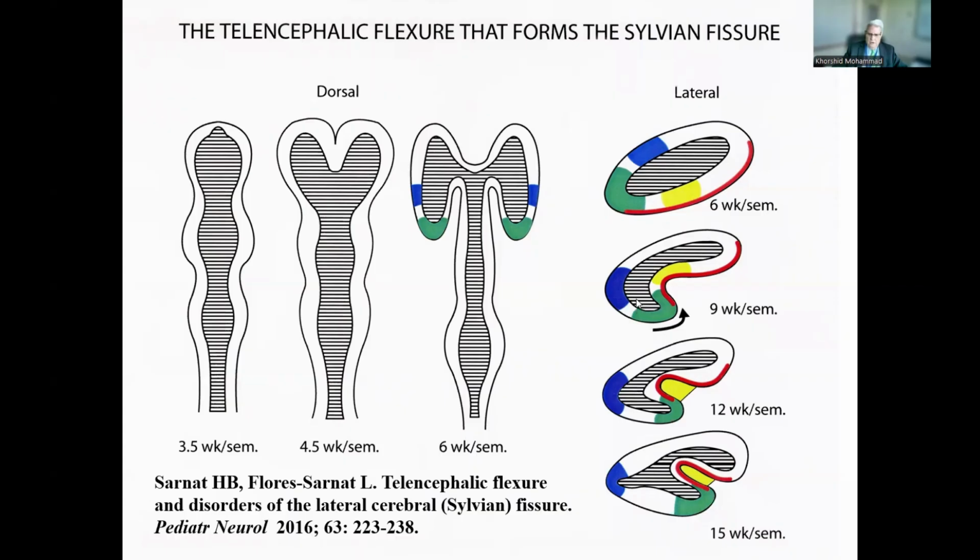The temporal horn forms by the bending of the ventricle along with the telencephalon, but the occipital horn forms only after the blue portion, which represents the occipital pole or striate cortex of visual area, is already the posterior pole, and it forms last of all.